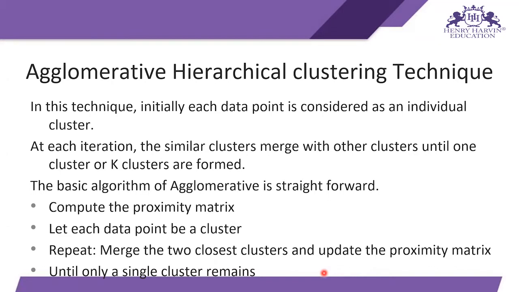So you consider every single point as a single cluster, then you combine the two nearest clusters, and after that you update your matrix. Now again you combine the two closest clusters, update the matrix, and repeat these steps until all points are a single cluster.